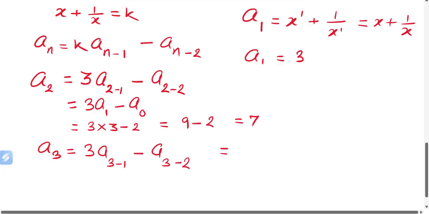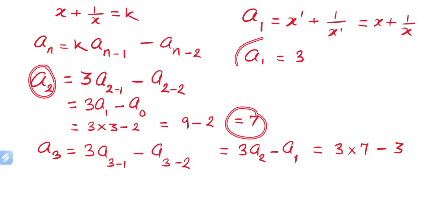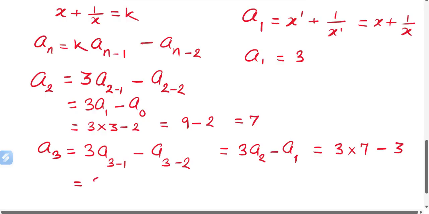Simply rewritten, it is 3 a2 minus a1. The value of a2 was just calculated, which is 7, and a1 is 3. That means the value is now 21 minus 3, which is 18.